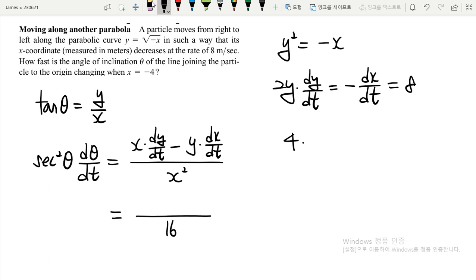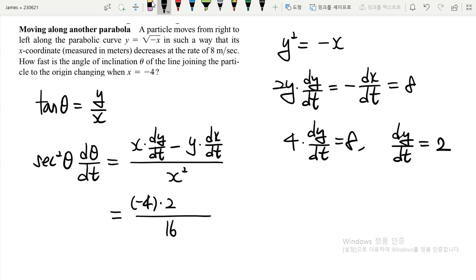So 16, x is minus 4. I see. So using this equation, because 4 times dy over dt is 8, at this moment dy over dt is 2. Okay, so x is minus 4, dy over dt is 2, y is 2, dx over dt is minus 8.